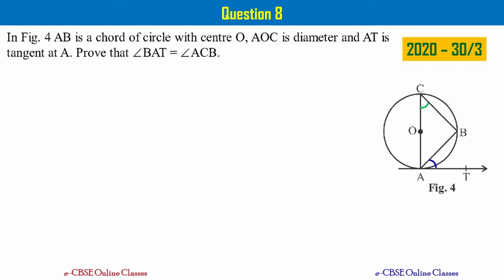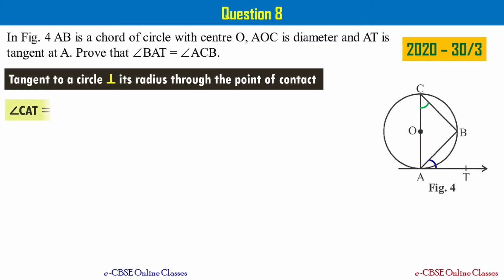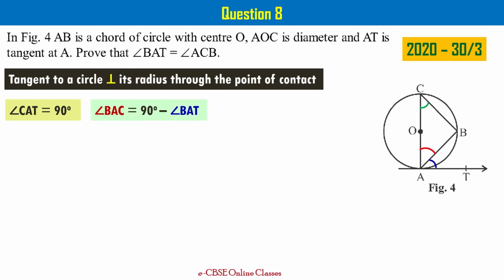We have to show that the angle BAT is equal to angle ACB. Tangent to a circle is perpendicular to its radius through the point of contact. We know that, right? It means angle CAT is equal to 90 degrees. If angle CAT is 90 degrees, we can say that angle BAC, which is shown using red color line, is equal to 90 degrees minus angle BAT, right?